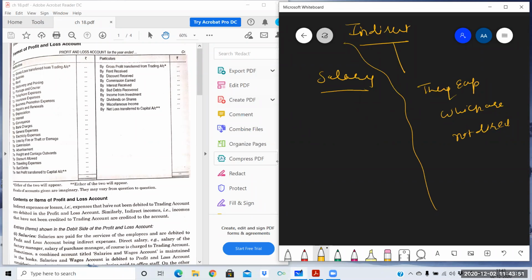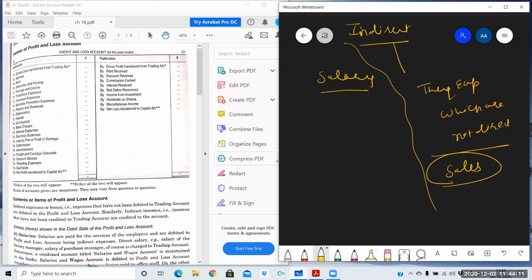One marker question. Or one more definition we can give: the expenses which are incurred on sales, which help to sell the goods. And direct expenses help to convert the raw material into finished goods.